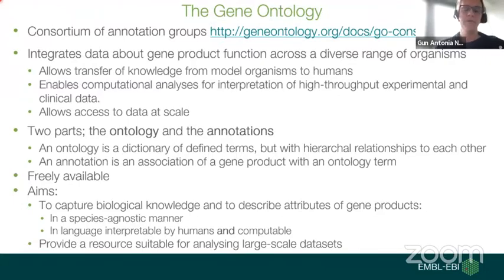So you should be able to use the same terms if you talk about a bacterial protein as if you're talking about a mammalian one. It also tries to use a language that is both understandable by humans, but is also computable. Therefore it provides a resource that's suitable for analyzing high throughput data or large scale data sets.